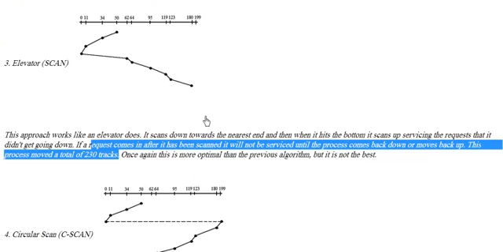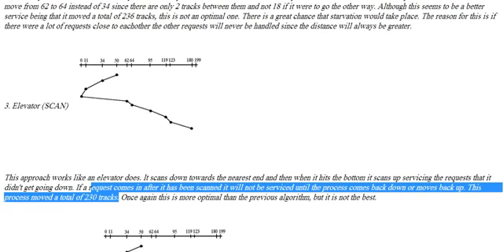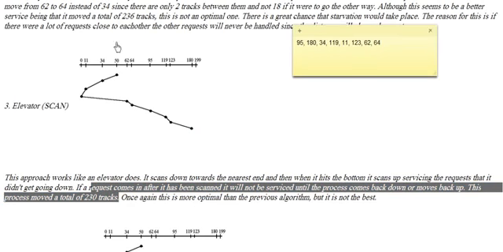So let's try to trace the algorithm here. We start all the time from 50, and we go down like the real elevator. From 50, we go to the nearest one, which is 34, then the nearest one, 11, and then we go to 0, because the first one is 0 all the time.